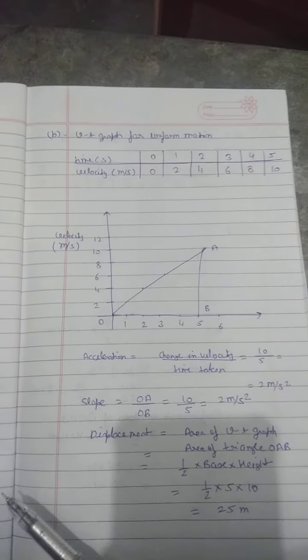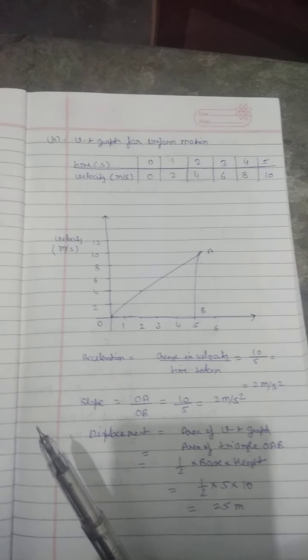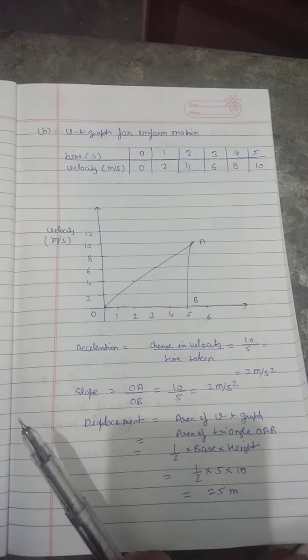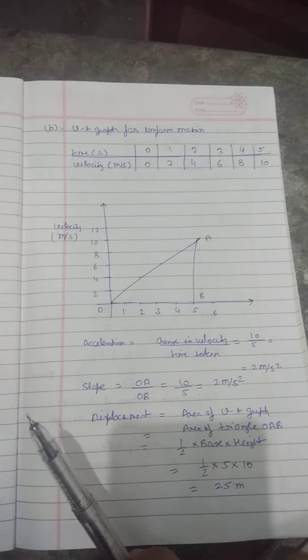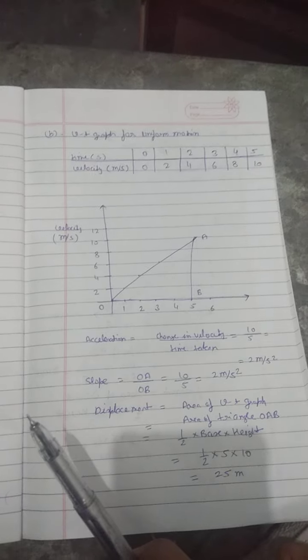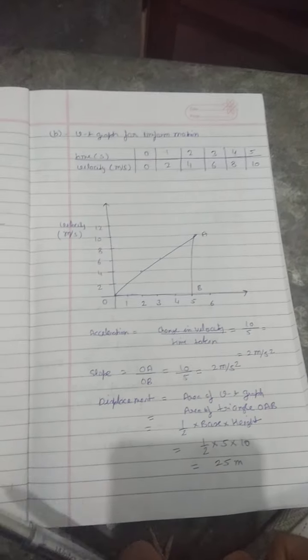velocity time graph for a uniform motion. Here is a table between the time and the velocity. Time is taken as 0, 1, 2, 3, 4 and 5 seconds, and the velocity as 0, 2, 4, 6, 8 and 10. This indicates the uniform motion of the object.